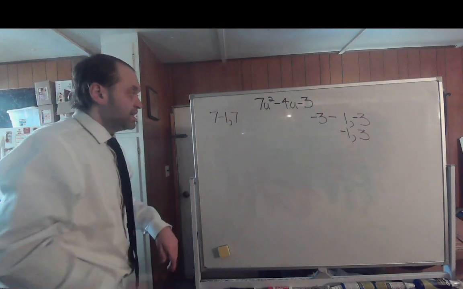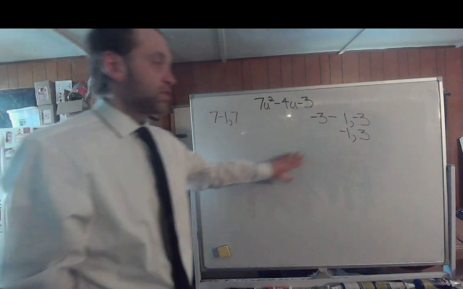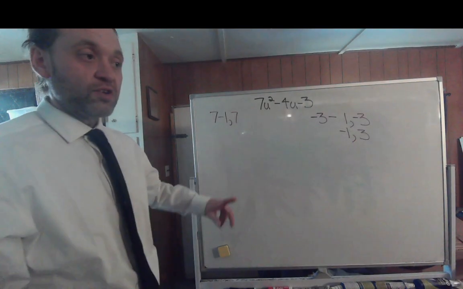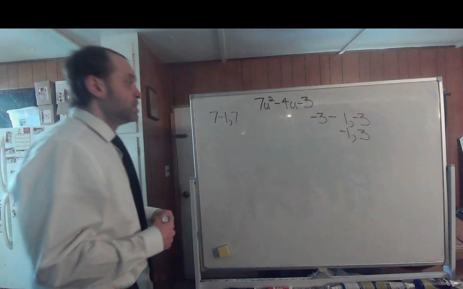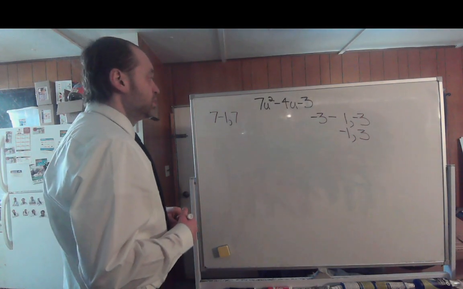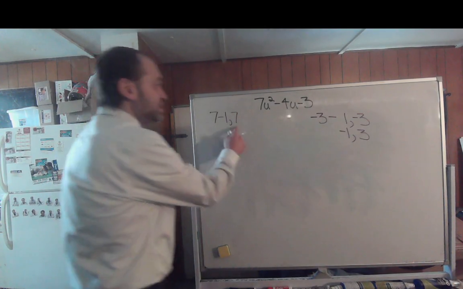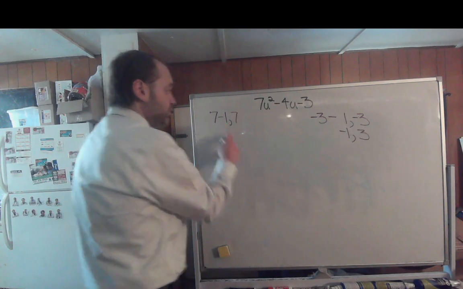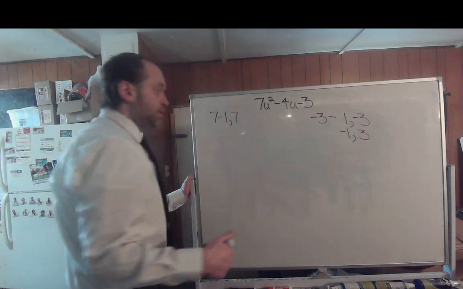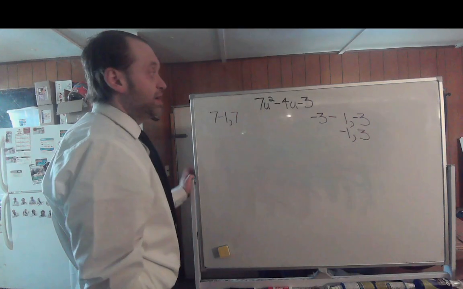So we need to see if any of these factors, when multiplied and added together, produce a middle coefficient of negative 4. All right, so what if I take 7 times 1, that's going to be 7, plus 1 times negative 3, that would give me 7 minus 3, that'd give me positive 4.